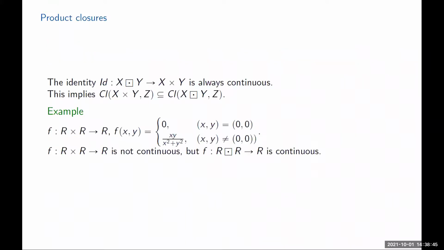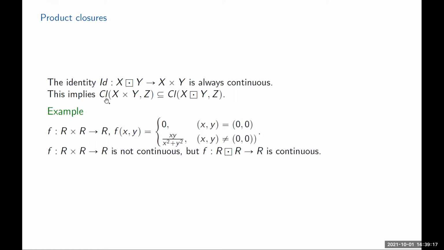I wanted to make an observation that this inductive product closure is always finer than the regular product closure, meaning that the identity map from this space to this space, as a set theoretic map, is always continuous. That just follows from the definition, because rectangles are bigger than those crosses. So it's straightforward from the definition.